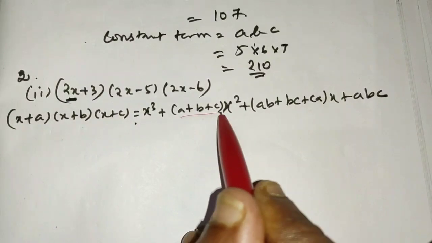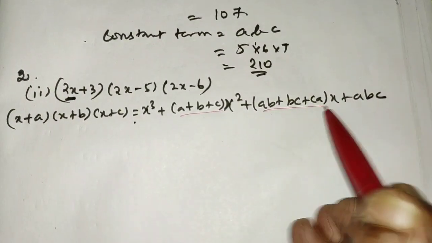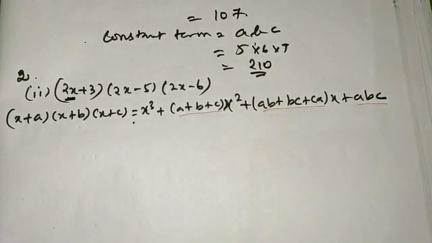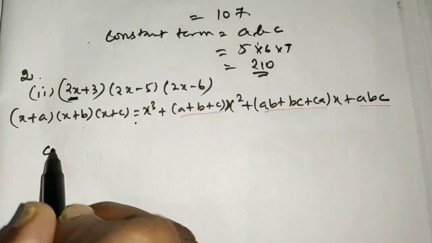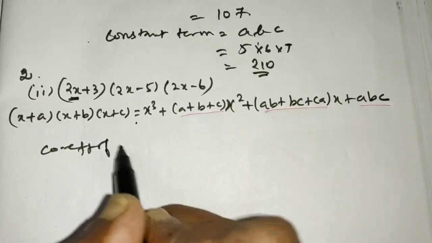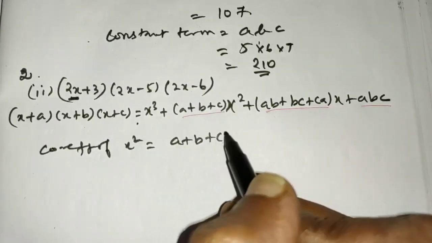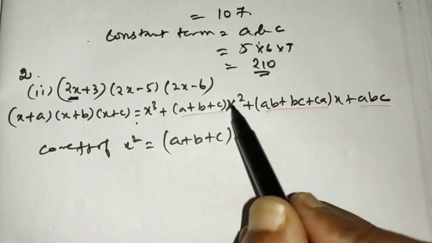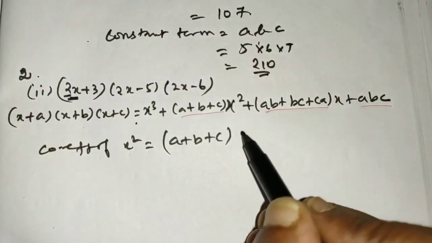So you have to be careful when you are finding the coefficients. Here the coefficient of x square is a plus b plus c, coefficient of x is ab plus bc plus ca, and the constant term is abc. But when you are finding the coefficient of x square, we have to add a plus b plus c, and we have to multiply by the square of the coefficient of x also.